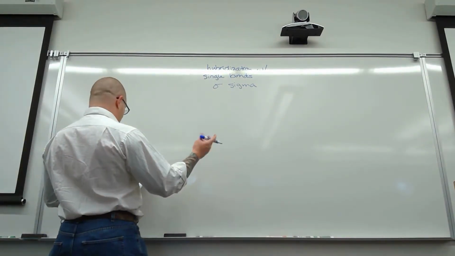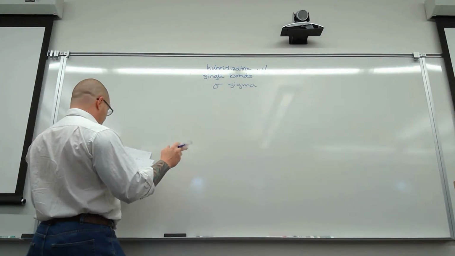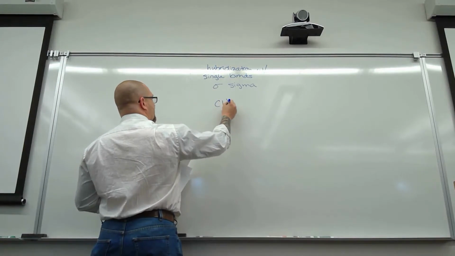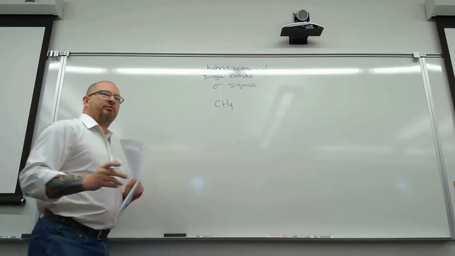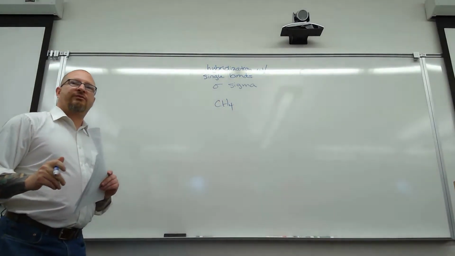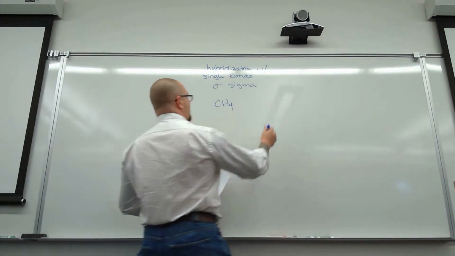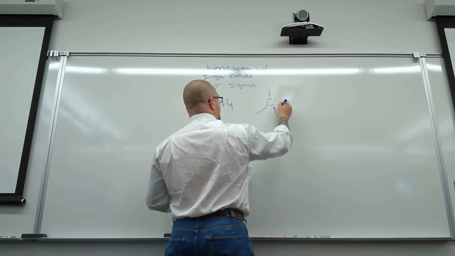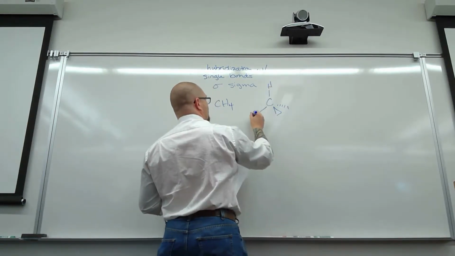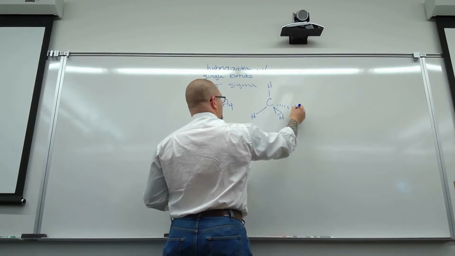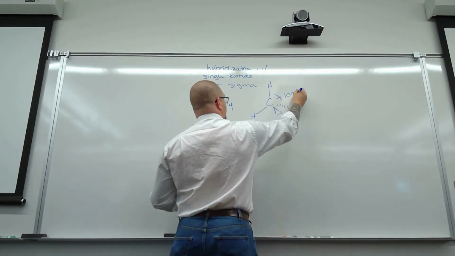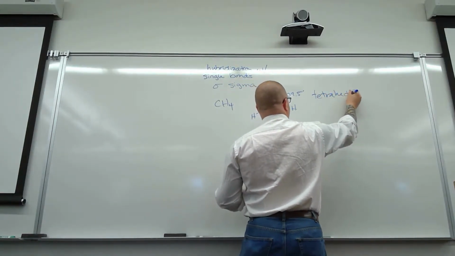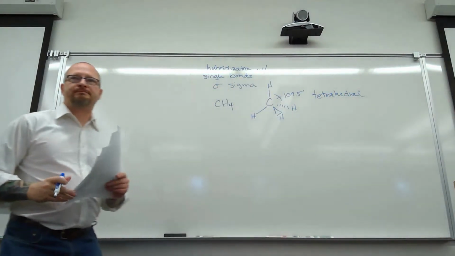A good way to look at this is just look at methane. Methane is one of our most simple organic compounds: CH4, 1 carbon, 4 protons. If we draw this three-dimensionally, we'll see that it has a tetrahedral geometry.